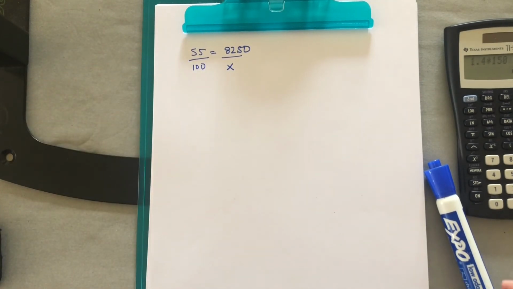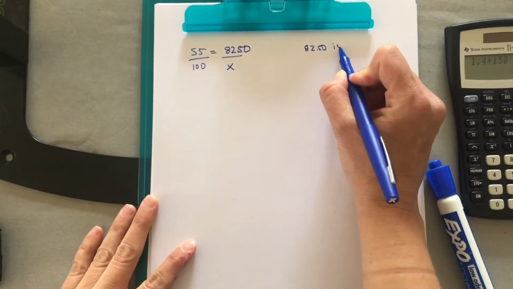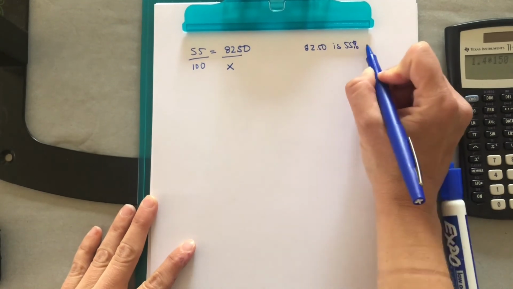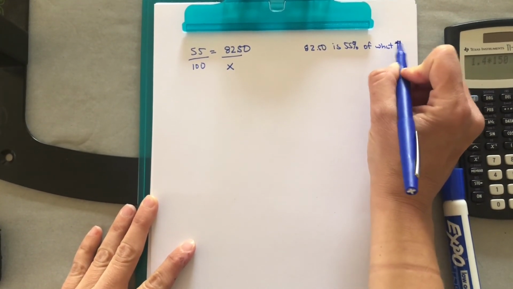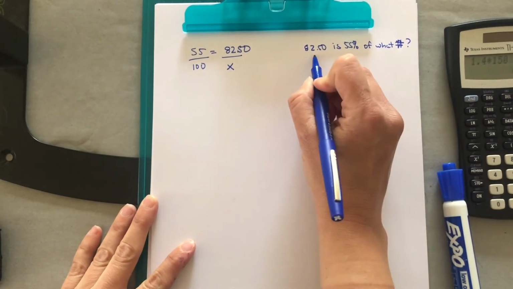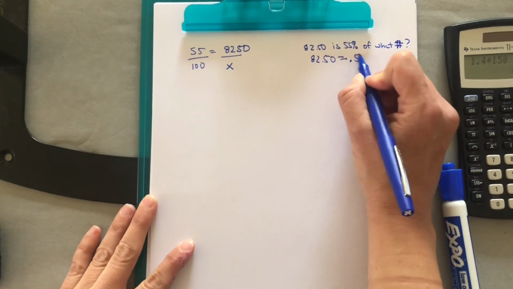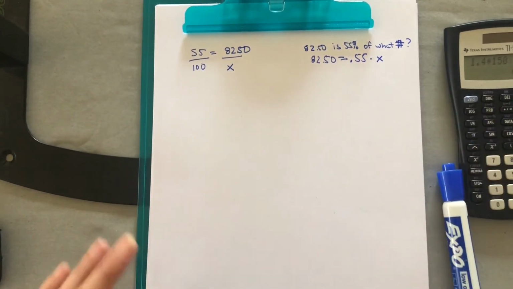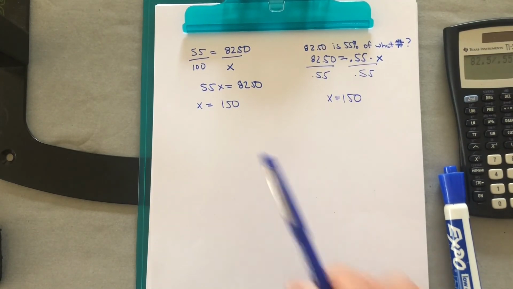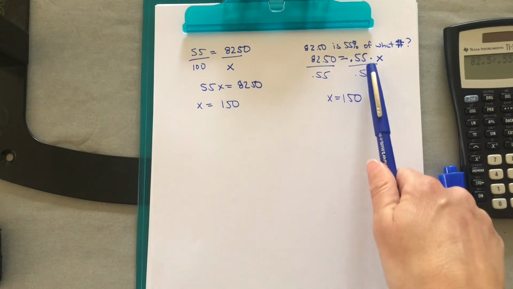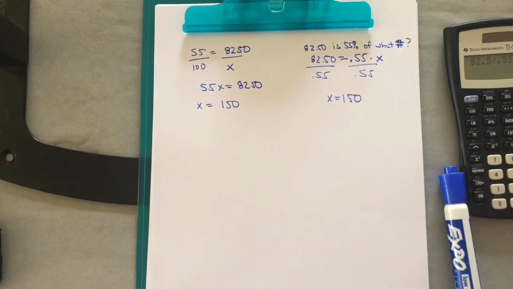If I wanted to write it as an equation, I would say 82.50 is 55% of what number? And that equation would be 82.50 is 0.55 times some number. And then whether I use cross products here and solve for x, or solve the equation here for x, I get x equal to 150 leva.